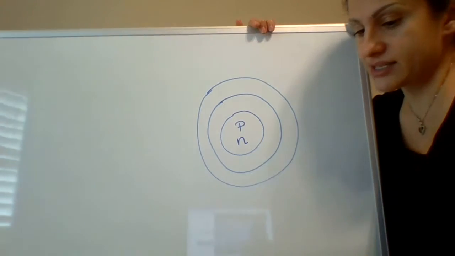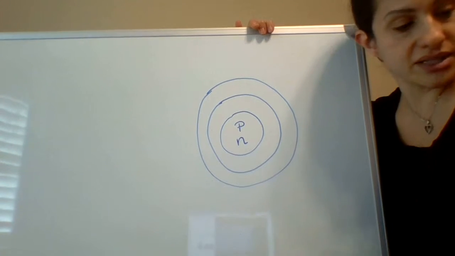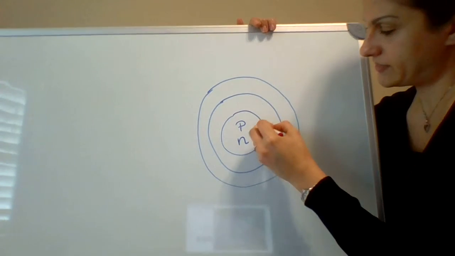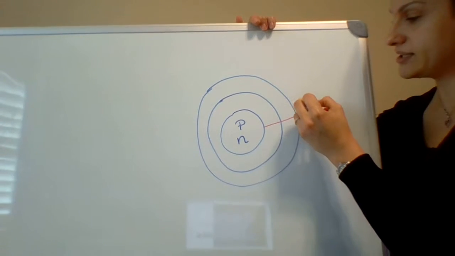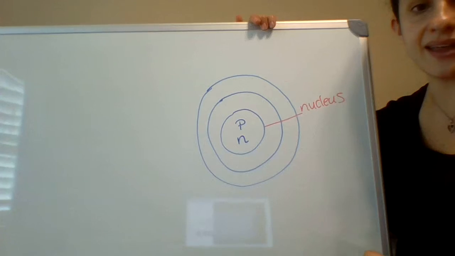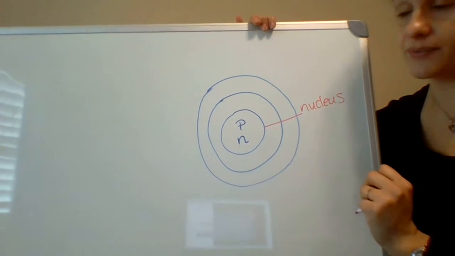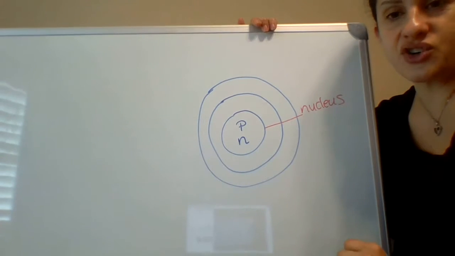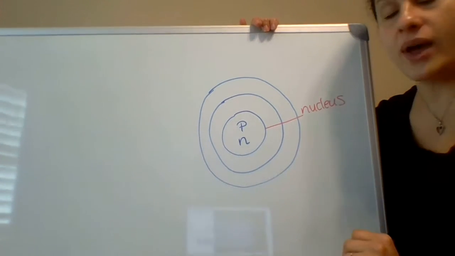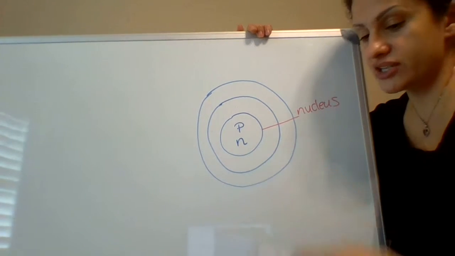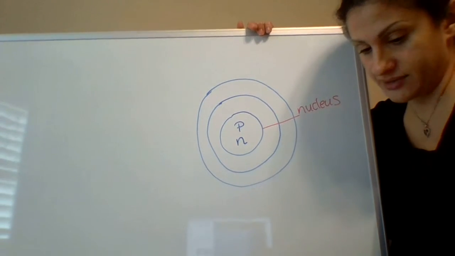So this is, and I will try to use another color to help with the labeling. So the center here is the nucleus, and that has the protons and the neutrons inside of them. On these shells is where the electrons lie. And the way that we depict electrons in the Bohr-Rutherford diagrams is through the use of dots.